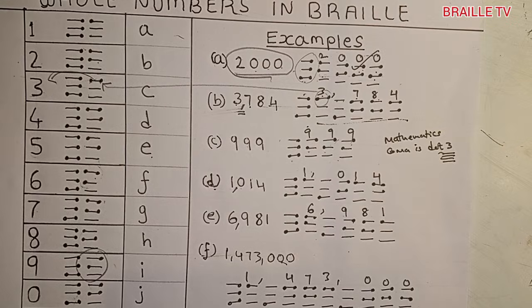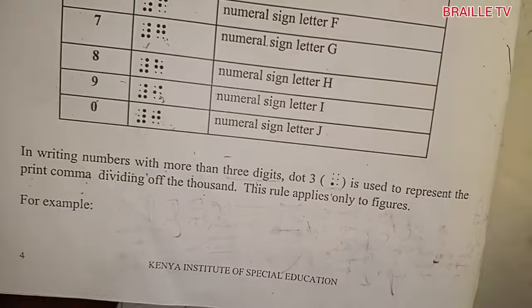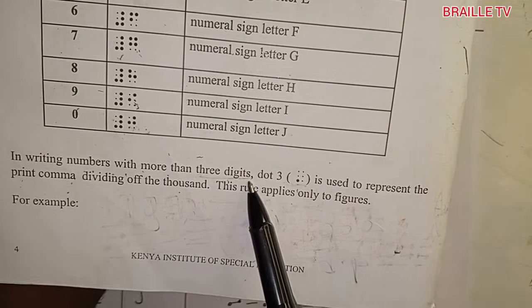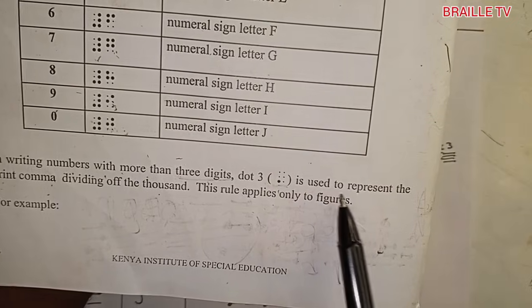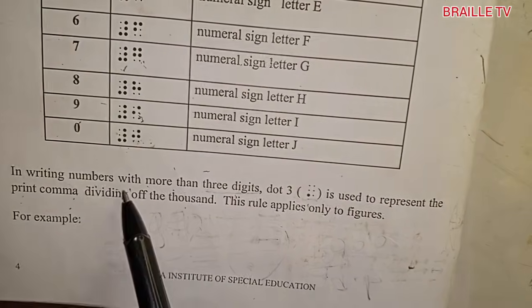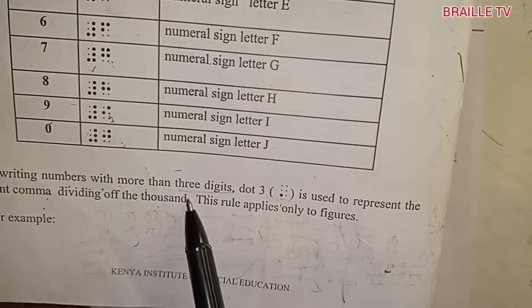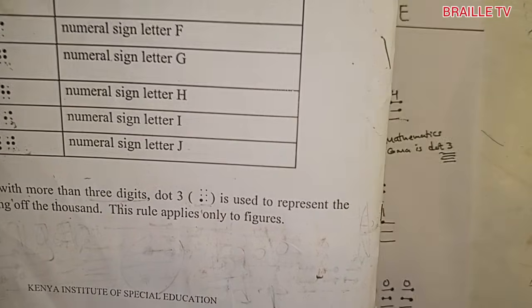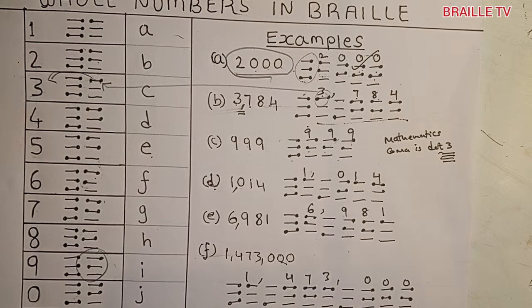And today we have introduced, or we have looked at, hata nimeipata ndio hii. So, I'm telling you, in writing numbers with more than 3 digits, dot 3 is used to represent the print comma dividing the thousands. This rule applies only to figures.